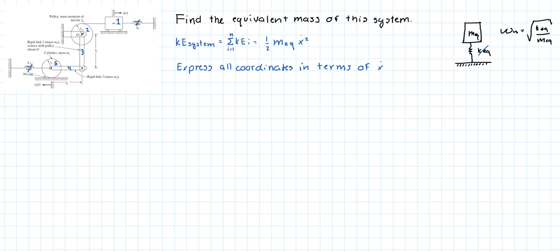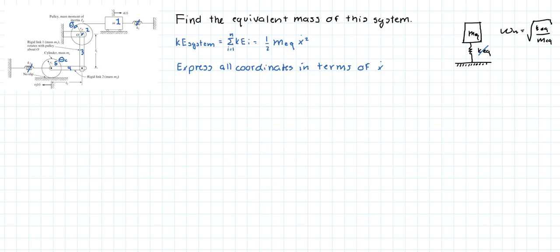Step number 1 is that we're going to express all coordinates in terms of x dot. That's arbitrary. We could have used theta p, or actually this is theta p and this is theta c, but I chose x dot.